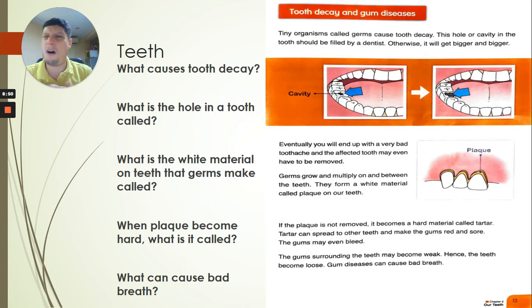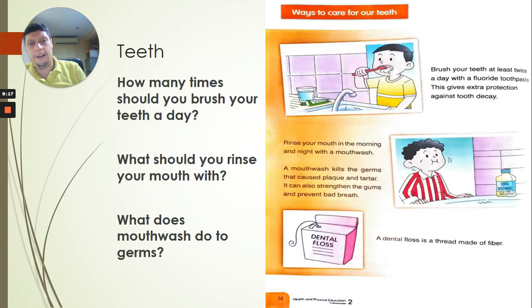It's a very strong and bad smell, and nobody likes that, okay? But if you're brushing your teeth every day, even if you get bad breath, it's not going to be noticeable. It's not going to be so bad when you're talking with somebody. They won't be able to notice it. But if you don't brush your teeth, other people will know and be able to notice that your breath smells very bad, okay?